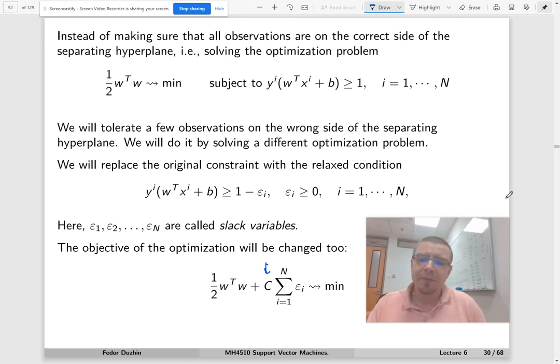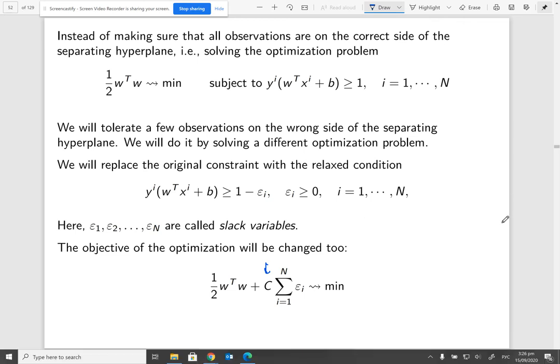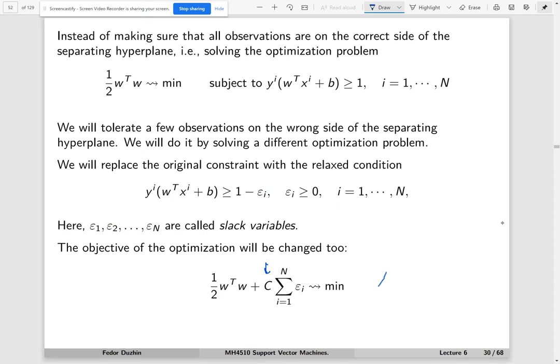Hypothetically, it means that if we take the limit of the solution of this classification problem as C approaches infinity, then we are going to get the maximal margin classifier.